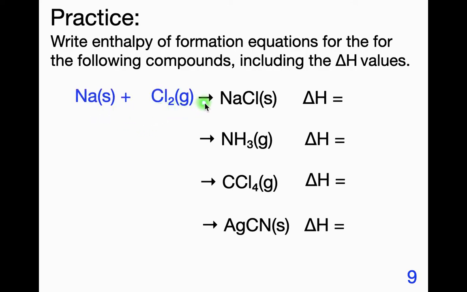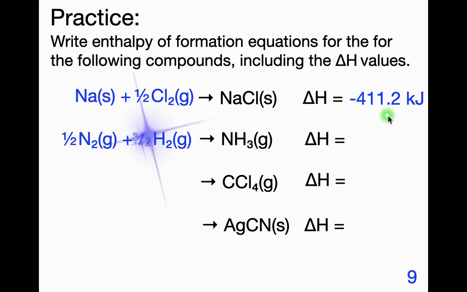So for example, when we try to balance this equation, I can't just multiply the sodium chloride by 2 to balance out the chlorines and then put a 2 in front of the sodium, because I need to have the compound that forms be a 1. So to balance that, this would be a 1/2 Cl2. So now it's balanced. And then when we look up the enthalpy of formation values on the table, that's what we would get. And so that's what we did for each one of these.